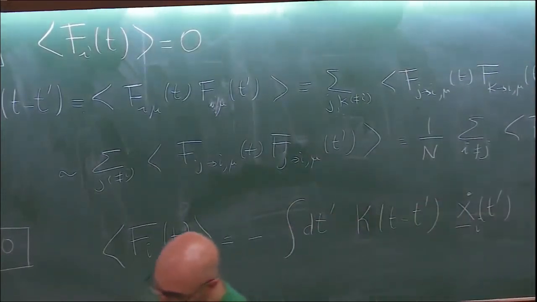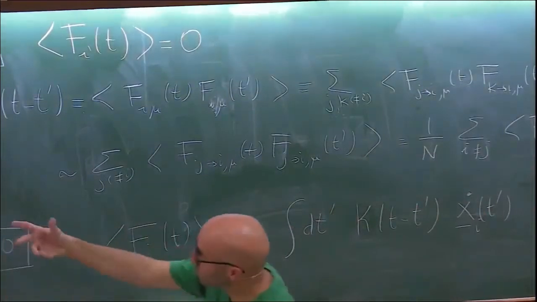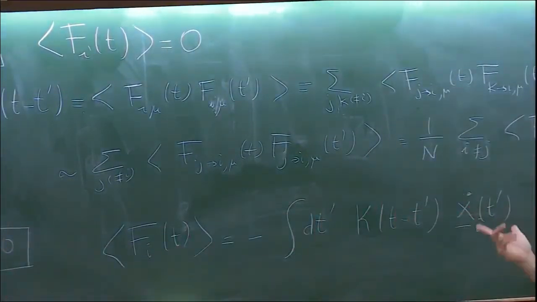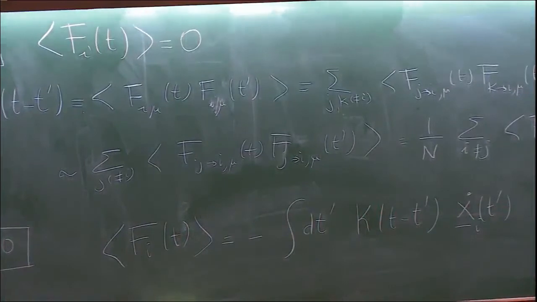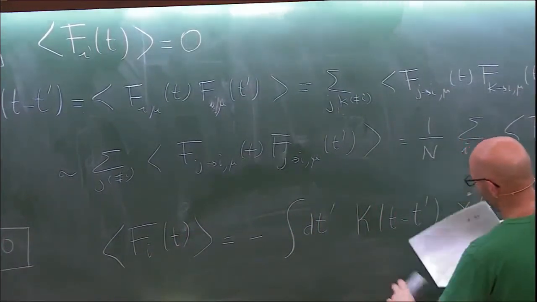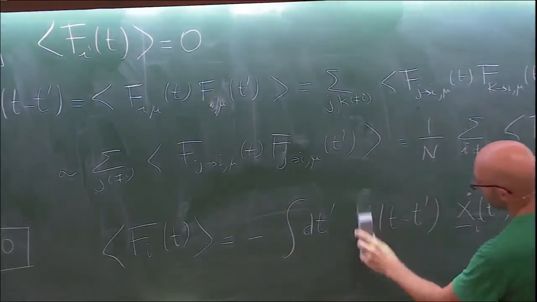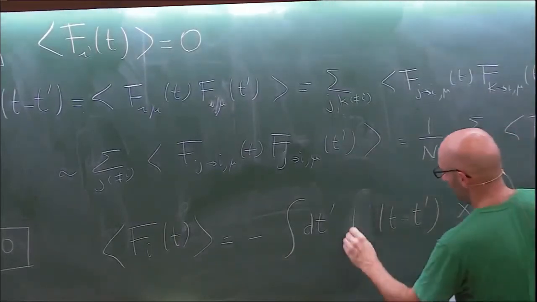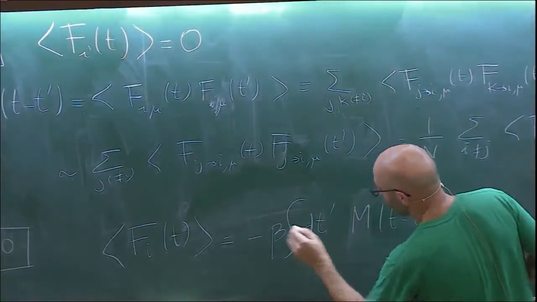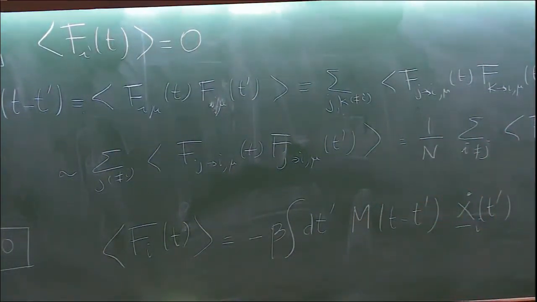And actually, if the fluid around the particle is in equilibrium, which is the hypothesis that I made at the beginning, then this kernel must be the same as the autocorrelation of the force. And this is imposed by the fluctuation dissipation relation. So this is going to be minus beta m times x dot.